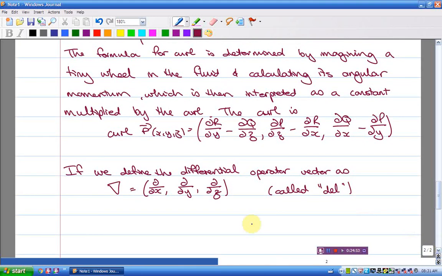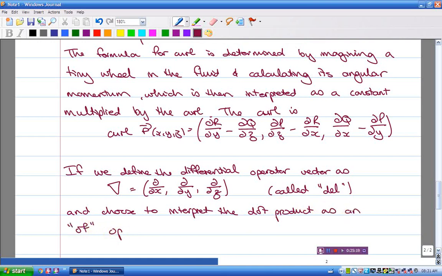If we define the differential operator as that thing and choose to interpret the dot product, or in fact the cross product as well, not so much as a product, but as an operation, an "of" operation, like log of something, cos of something, the derivative of something.